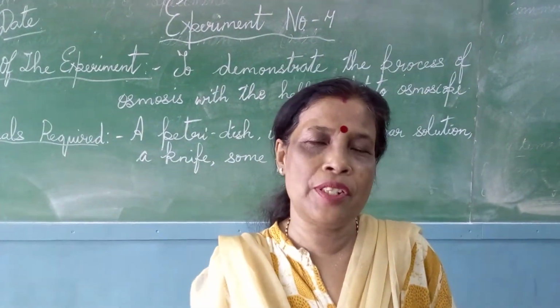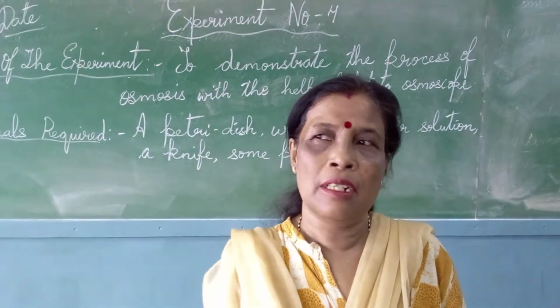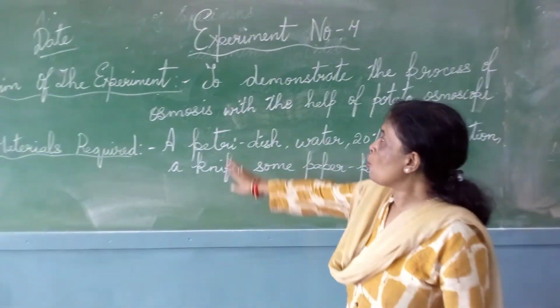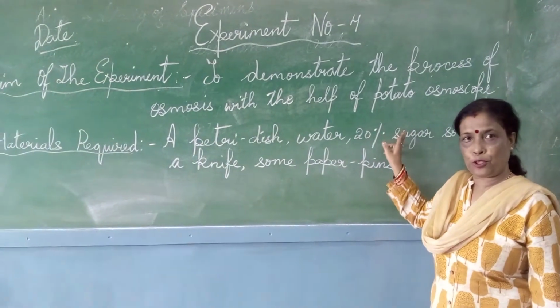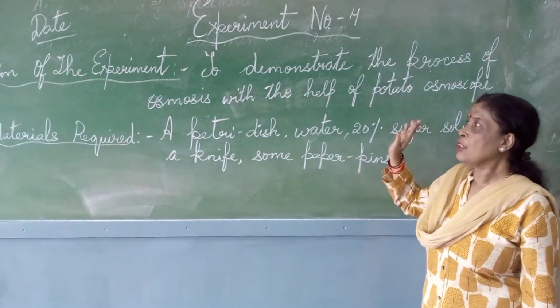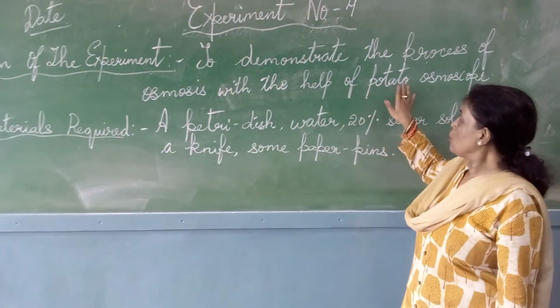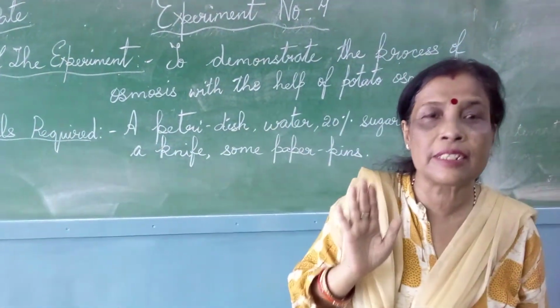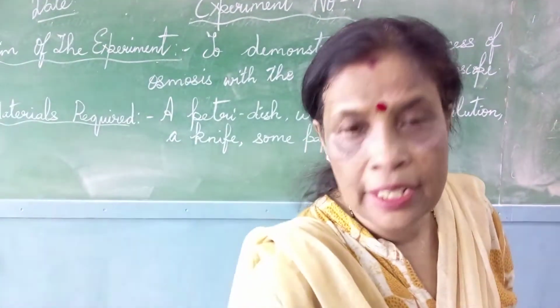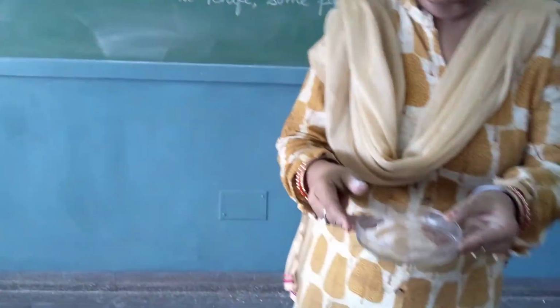Today we shall be demonstrating the process of osmosis with the help of a potato osmoscope. Clear? So, how to demonstrate the potato osmoscope? For that, what are the materials required? We require a petri dish. Clear?